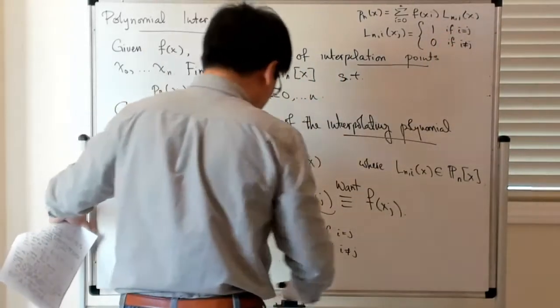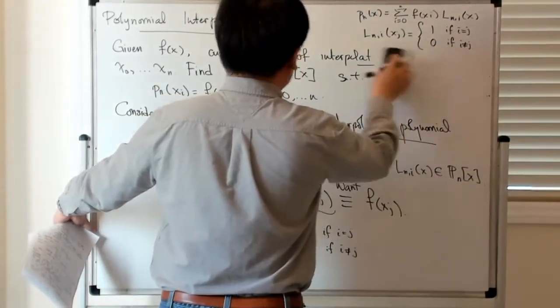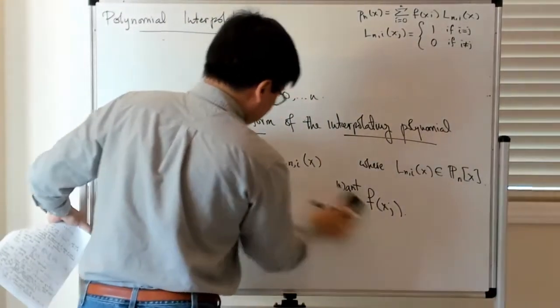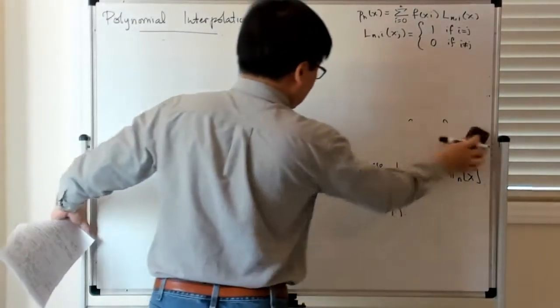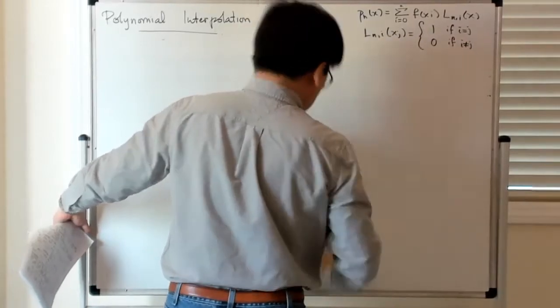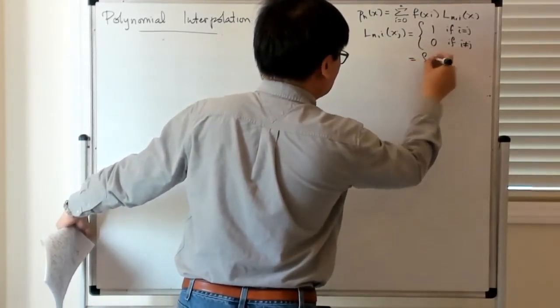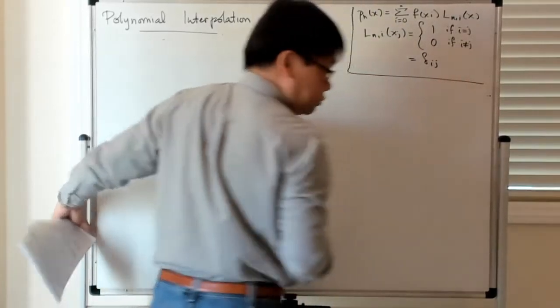I should say that this function has a particular notation. It's usually denoted delta_ij. So this thing on the right-hand side is usually denoted delta_ij. Okay, so that's where we are now.